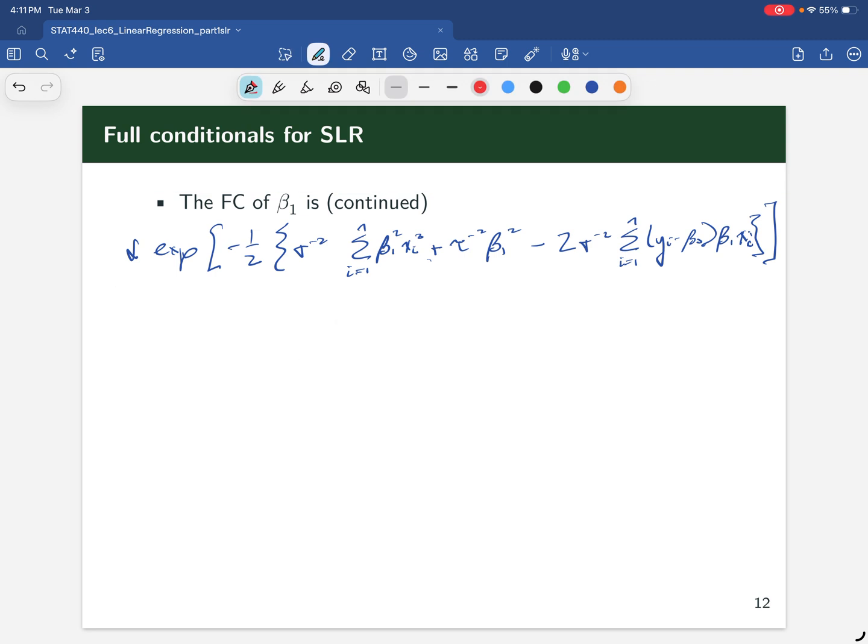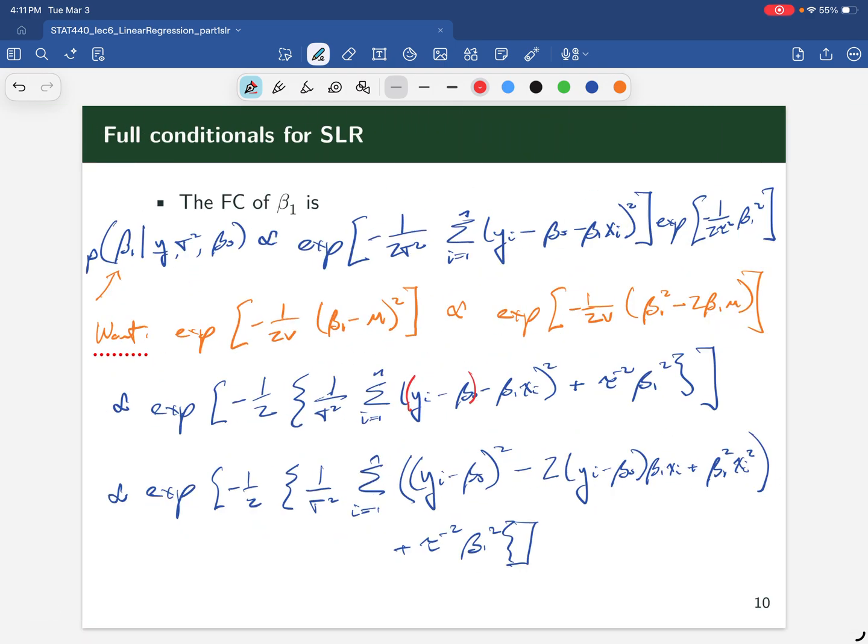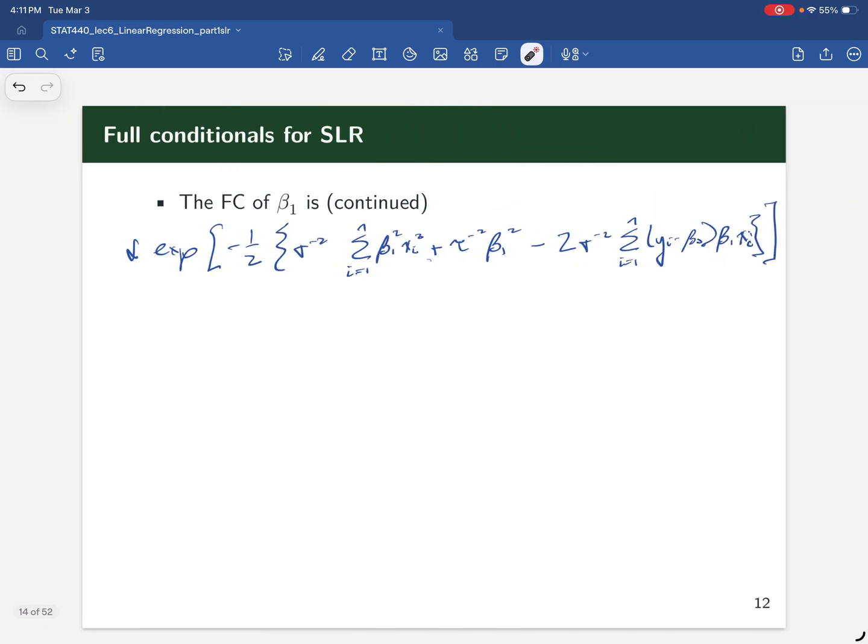Okay, now remember, our goal is we want to have a beta 1 squared all by itself, and then we want to have a 2 beta 1 times stuff. So the next step is going to be to get this beta 1 squared all by itself.